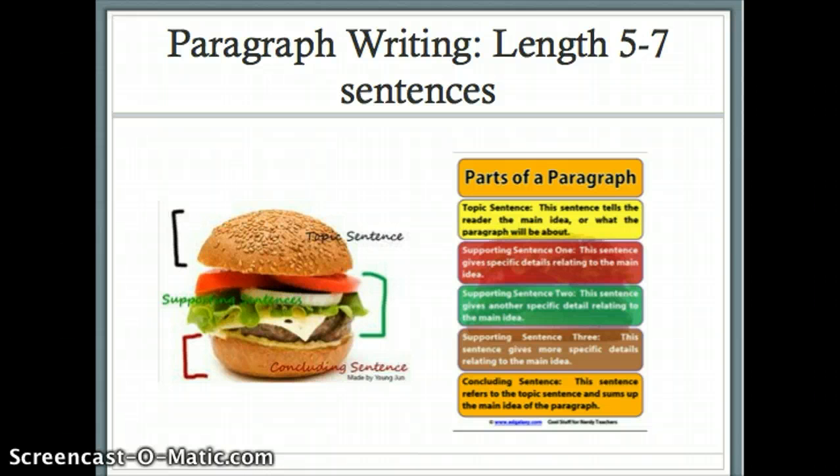So again, for your paragraph, you can aim for 5 to 7 sentences. Anything more than that, and you start losing your reader a little bit, you start to drag on. If your paragraph is a page long, you should think about chopping it into two more concise, topical paragraphs, rather than have one long paragraph.